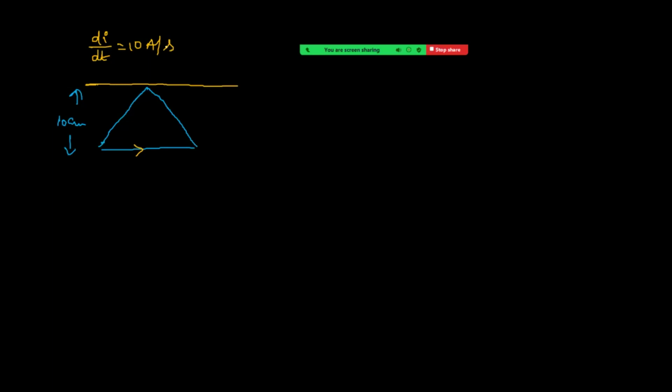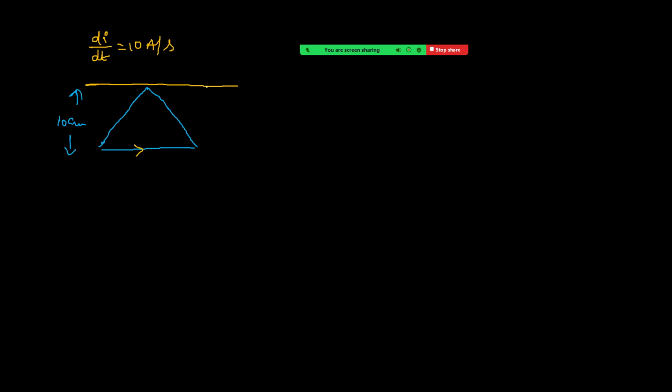Coming to the first option, the magnitude of induced EMF in the wire. Here we are going to use the reciprocity theorem. That means we assume that current is flowing in this long wire and calculate the flux through this loop. Then differentiate that, and we get the induced EMF. Let us see now.